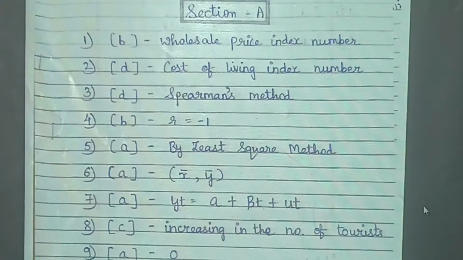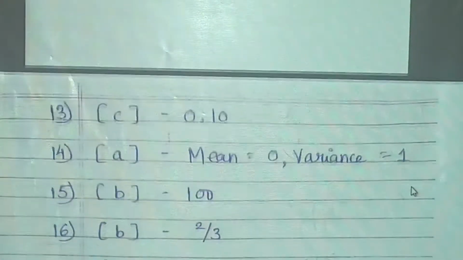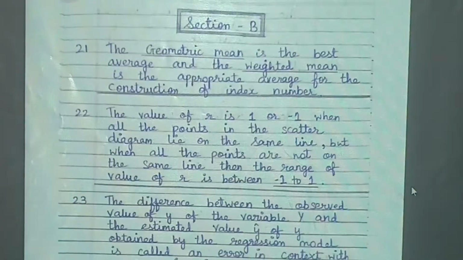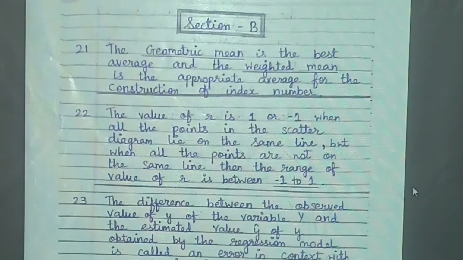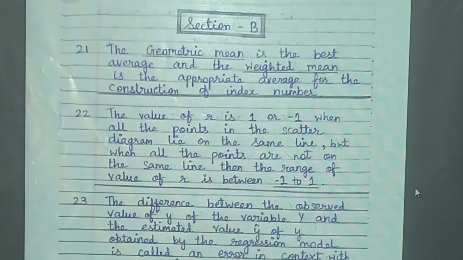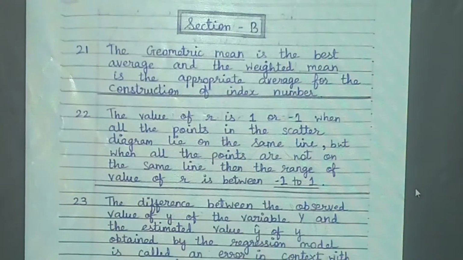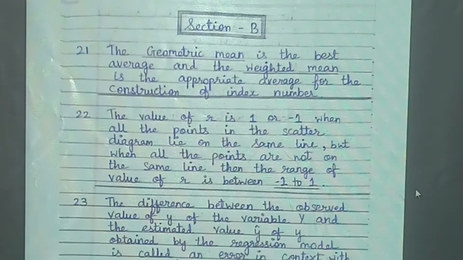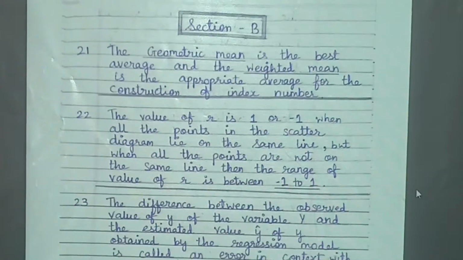Now section B, which is of one-sentence answers, maximum 20 to 22 minutes. We are going to allot 20 to 22 minutes for section B. How to write section B? For example, question number 21.